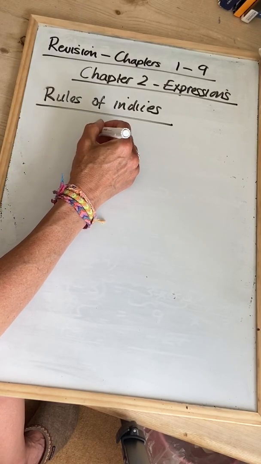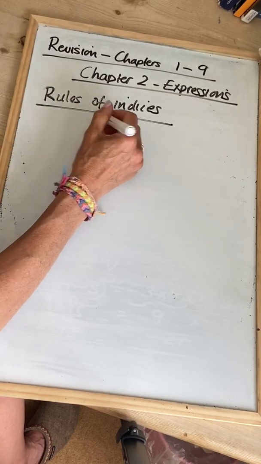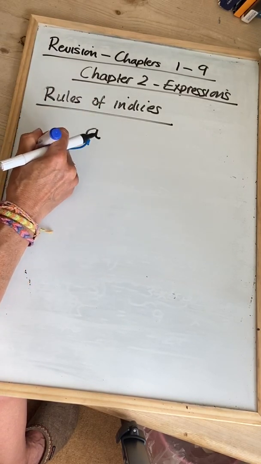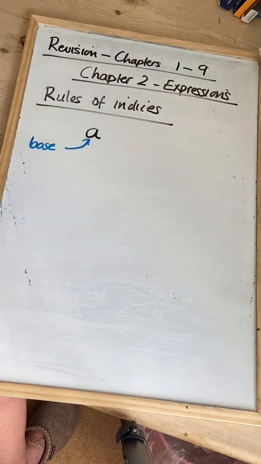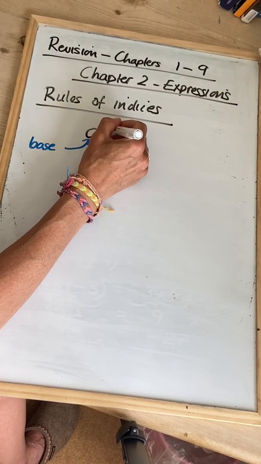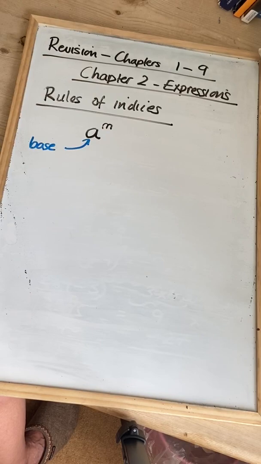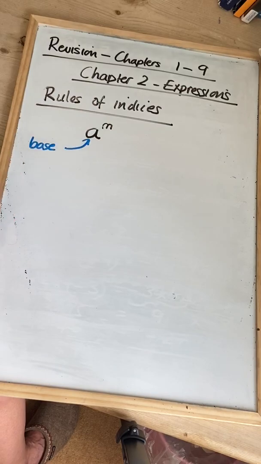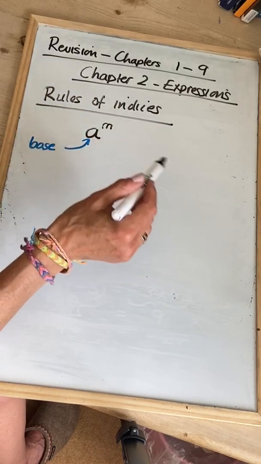If you've got, now this number here, as I've said it's a number, but it's actually a letter in this case. This is going to be my base number or my base letter, and I'm raising it to a power, and the power that I'm raising it to is an m. Okay, m can be any number, but it's a power, it's written up there. So that means that it's a multiplied by itself m times.